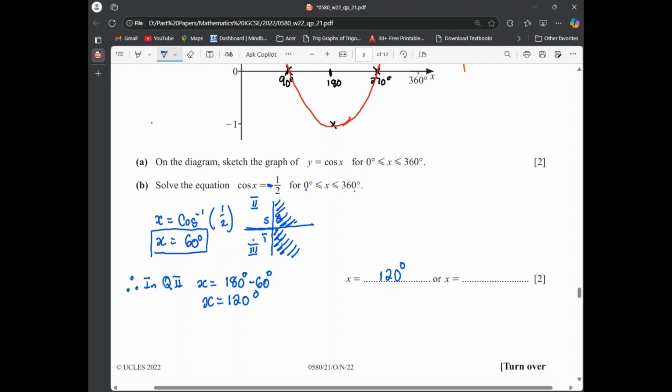In quadrant 3 also, we have to consider that. Remember, when we go through quadrants, we go in an anti-clockwise direction. So in quadrant 3, it's 180 plus 60 degrees, which gives x equals 240 degrees.